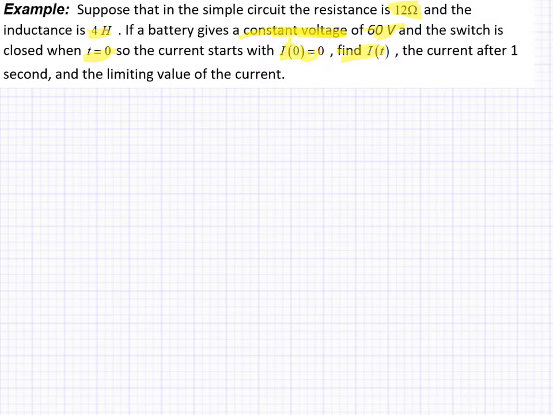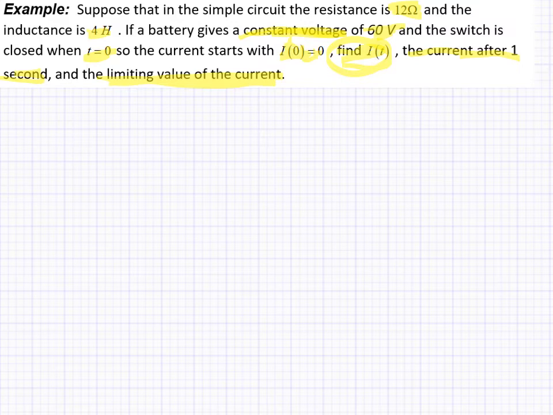Then after we have I of t, the function that satisfies the differential equation and gives us the current, we want to find the current after 1 second, and then find the limiting value of the current. So there are really 3 questions here, but first we need to find the function that describes the current flowing through this circuit.